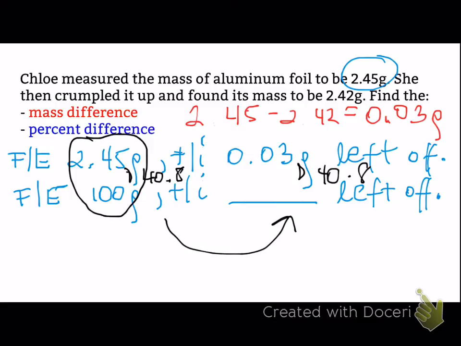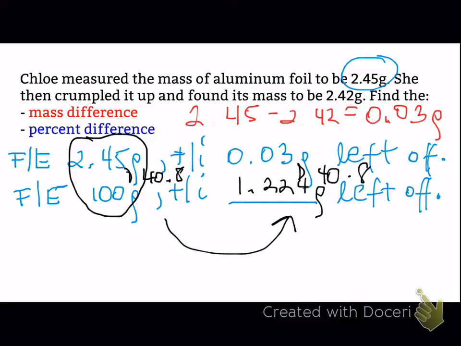Okay, so I will multiply 0.03 times 40.8, and that will get me 1.224 grams. Okay, that's how you would figure that out.